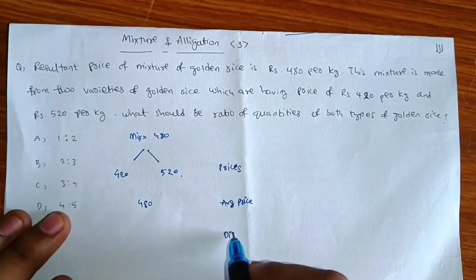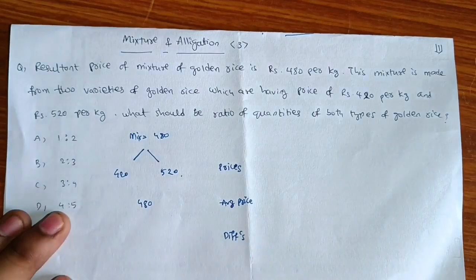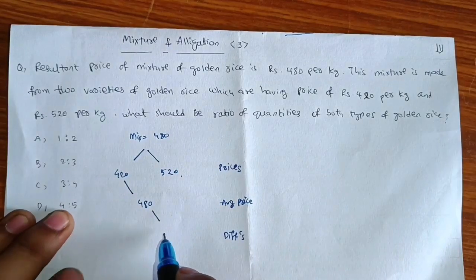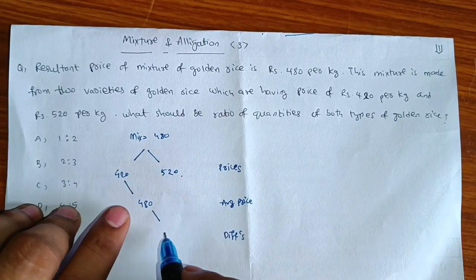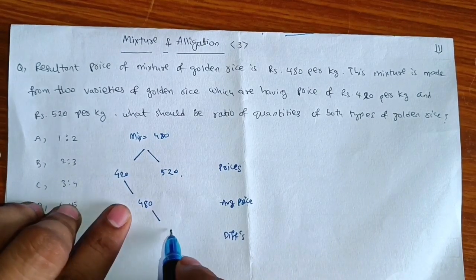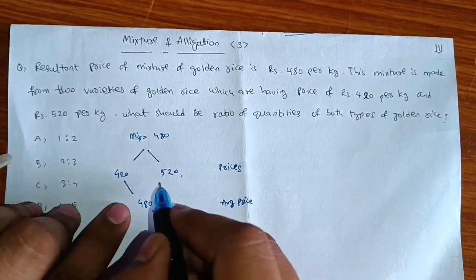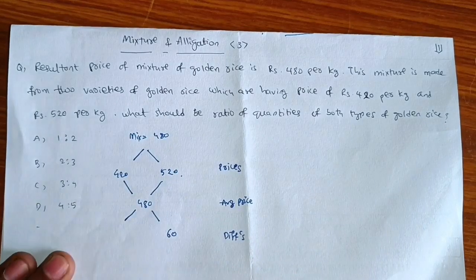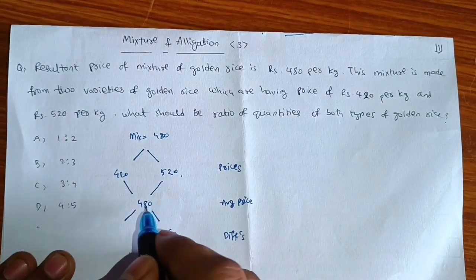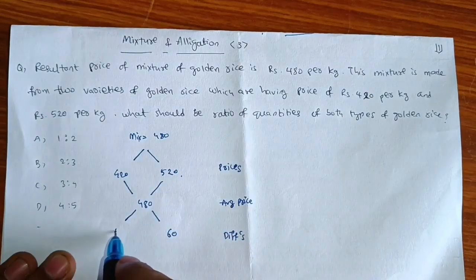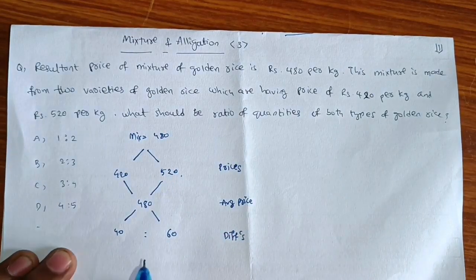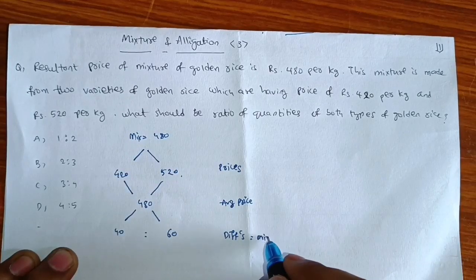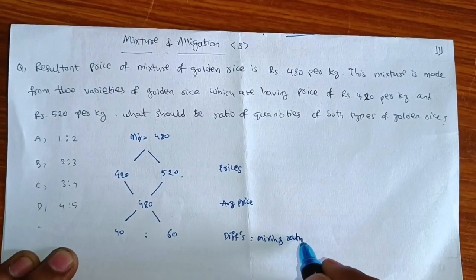Now you need to write the differences: 420 and 480, the difference is 60, write it here. Again the difference of 520 and 480, which is 40. This is equal to the mixing ratio.